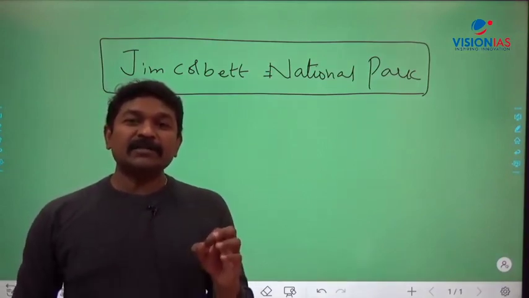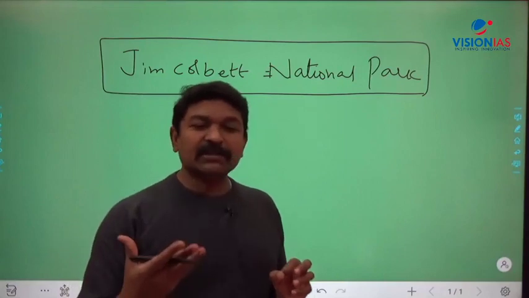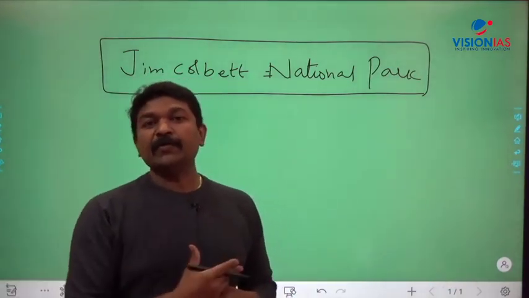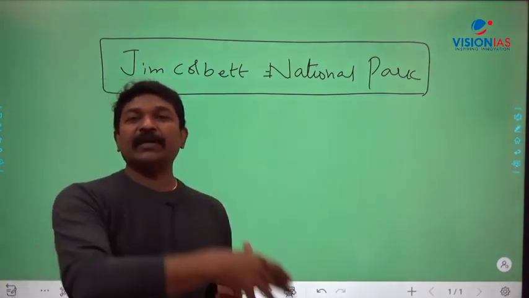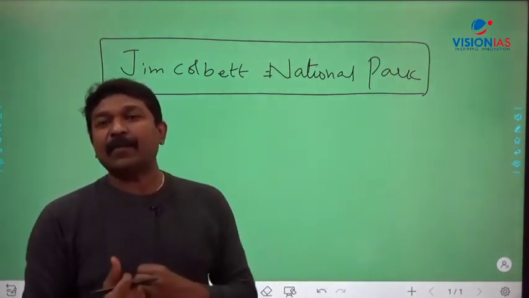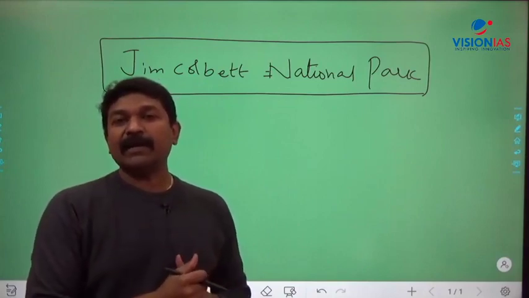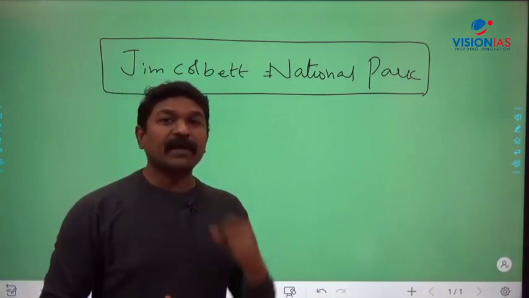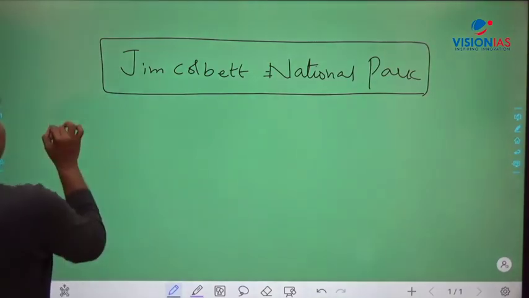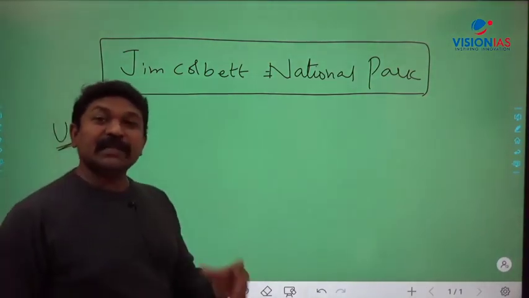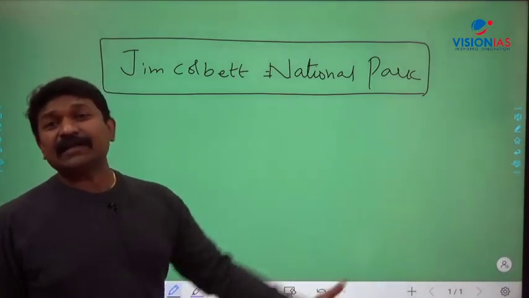The concept of national park was borrowed from the United States. In fact, the concept of announcing any one particular region as a national park was taken from the United States of America, from USA. Which is the first national park of the world as such?